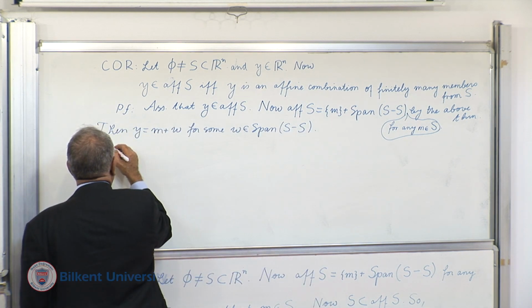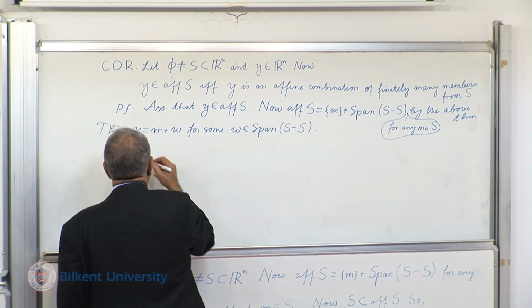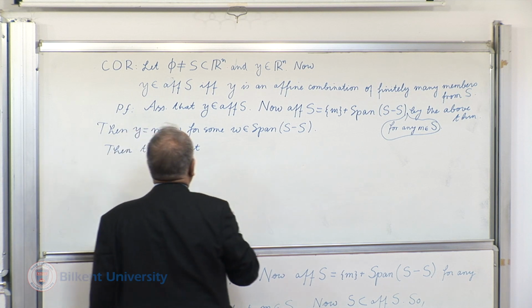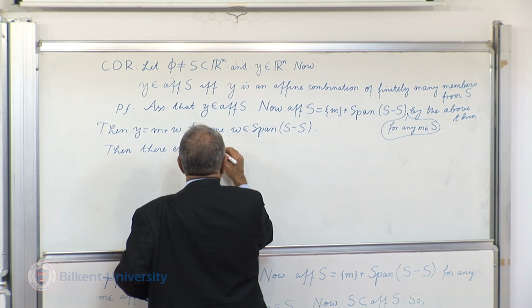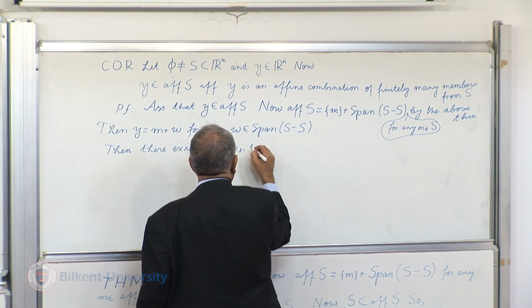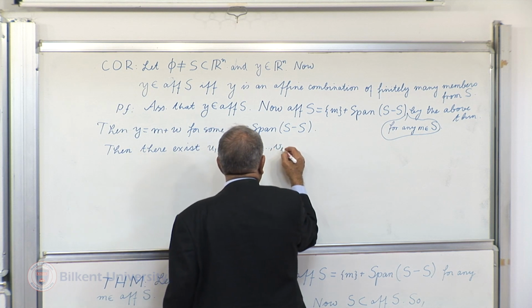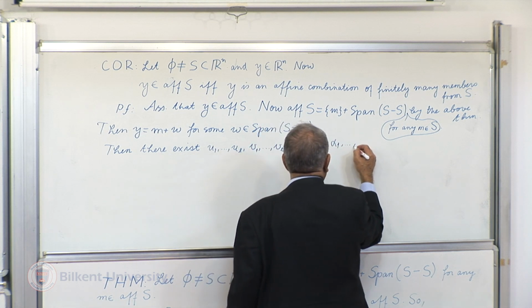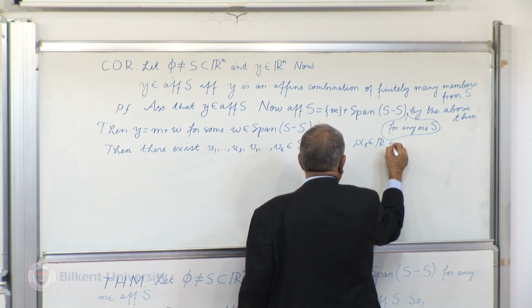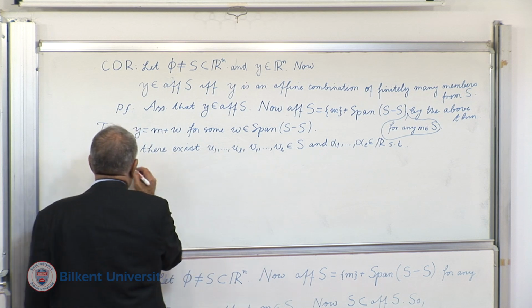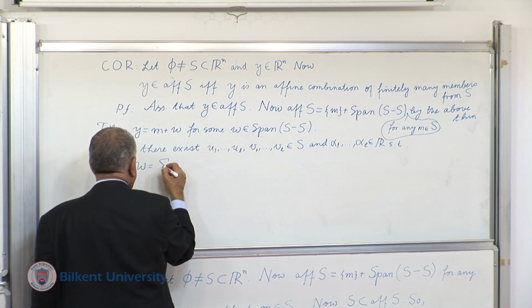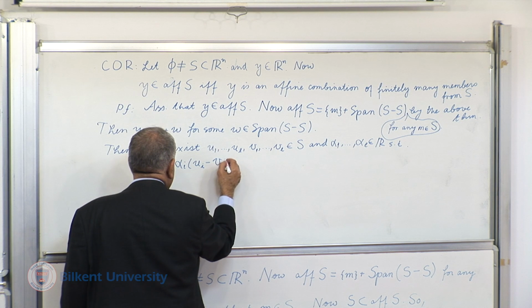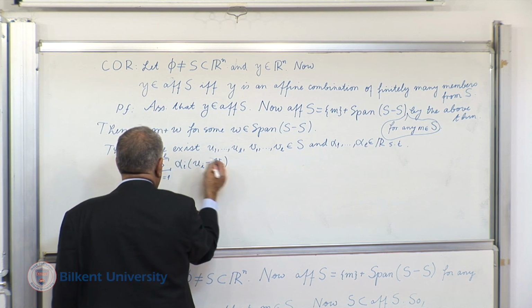Well, then there exist, say, u1, ul, v1, vl in S, and alpha 1, alpha l in R, such that w is equal to the sum of alpha i, ui minus vi, i from 1 to l.